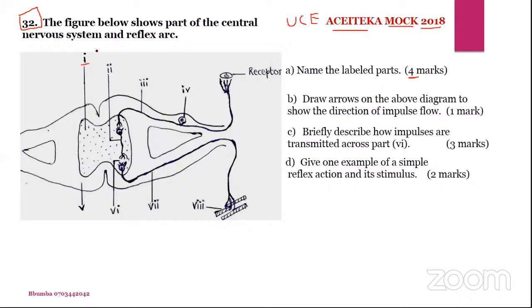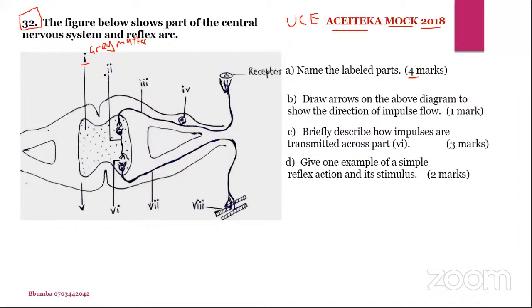This is the gray matter. Priska's got it, Ikadu Esther's got it, and Promise has got it. Nalusiva's got it wrong, it is not white matter.